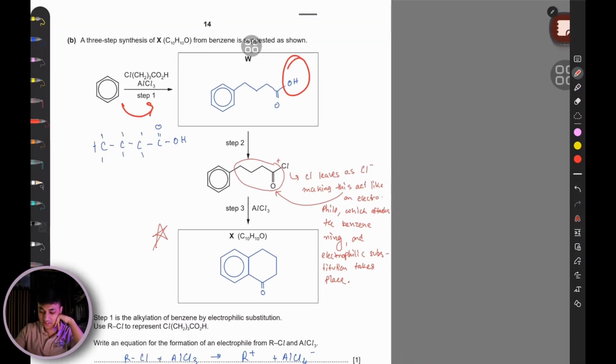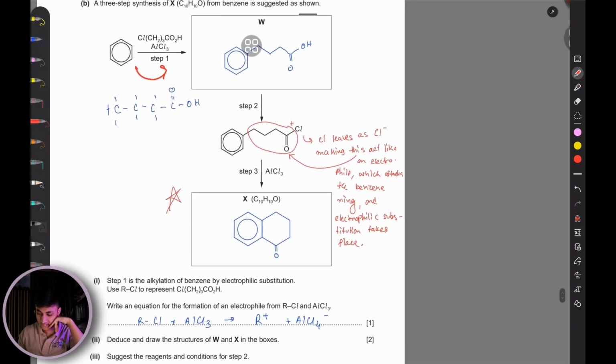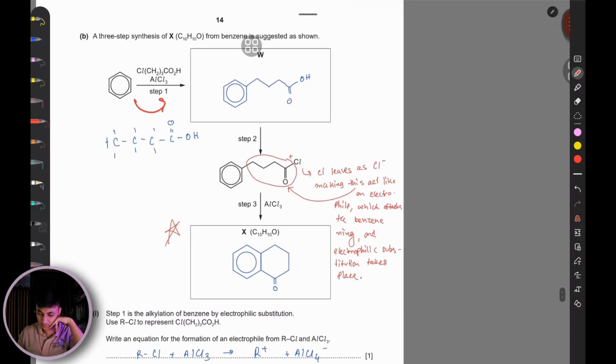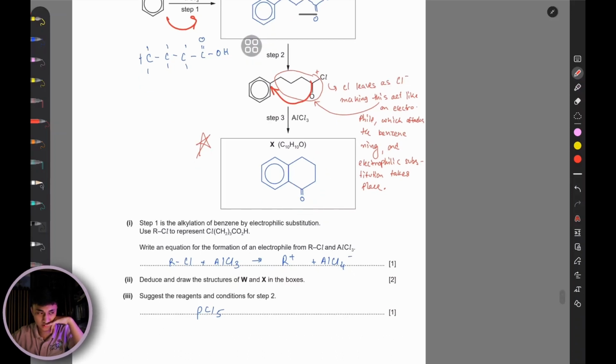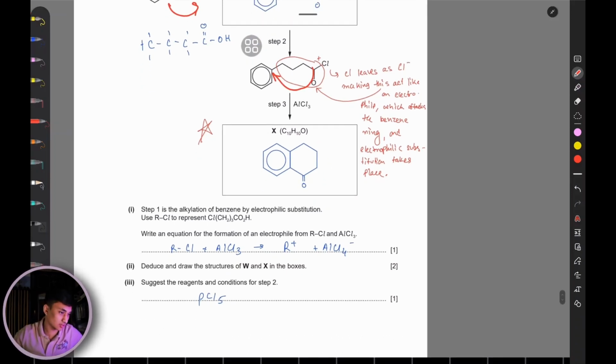This OH is replaced. Next, AlCl3 is added, and this is going to join over here, forming this cyclohexane structure.